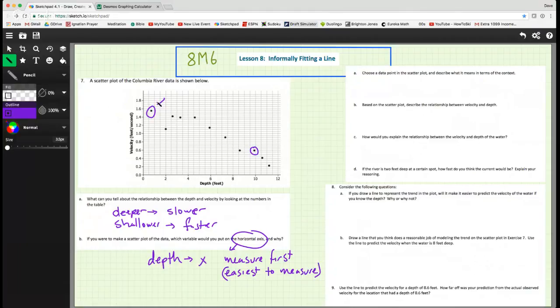The answer is here we have a very shallow, less than 0.7 feet. And the water is traveling at 1.55 feet per second. So shallow and fast.